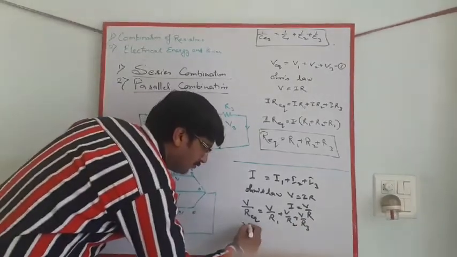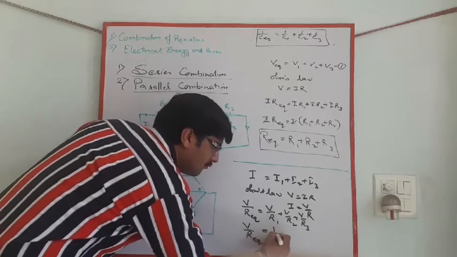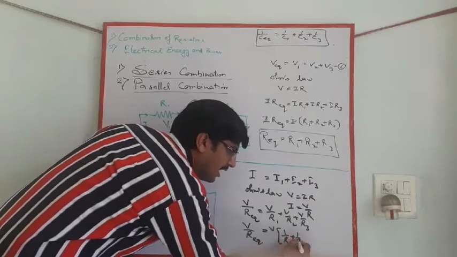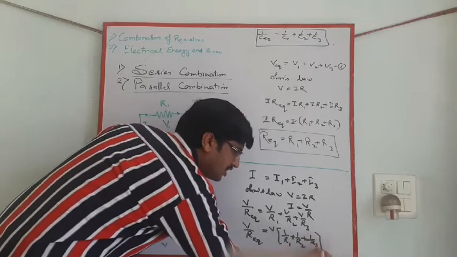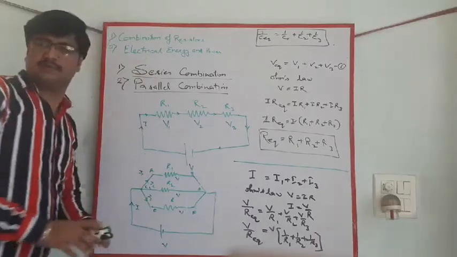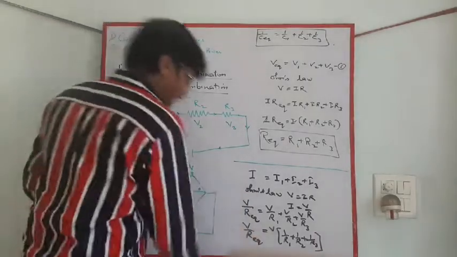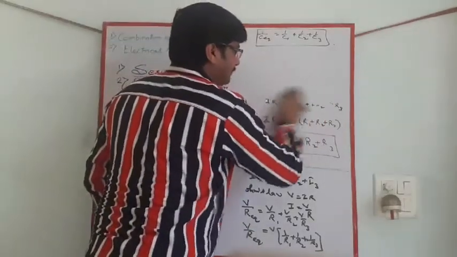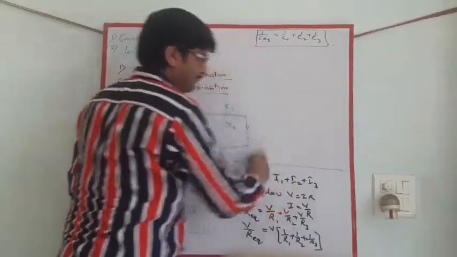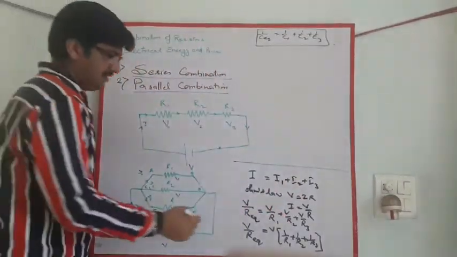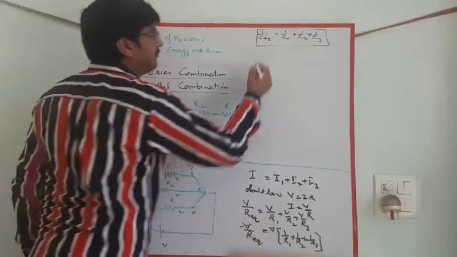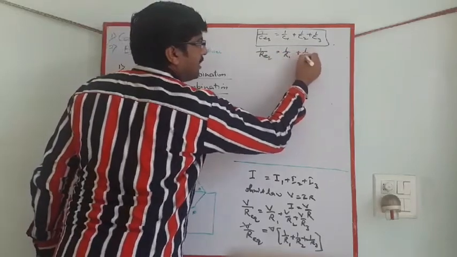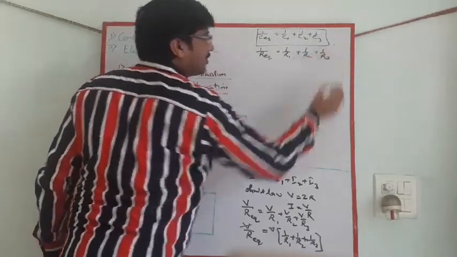Taking V common, V upon R equivalent equals V common, 1 by R1 plus 1 by R2 plus 1 by R3. Cancel out V, what are we left with? 1 by R equivalent is equal to 1 by R1 plus 1 by R2 plus 1 by R3.